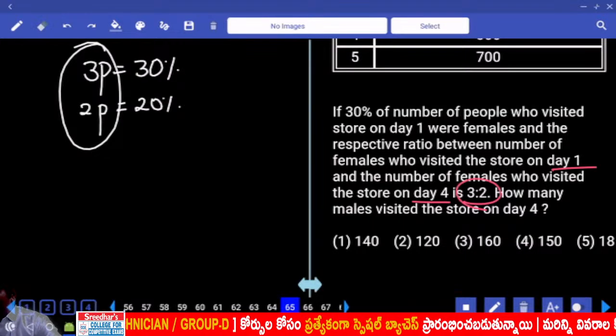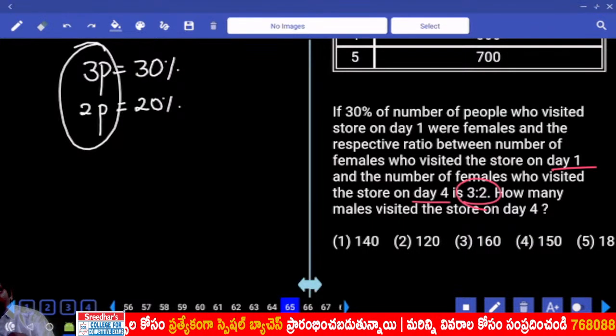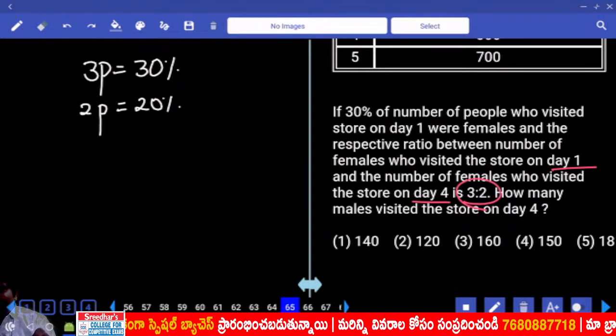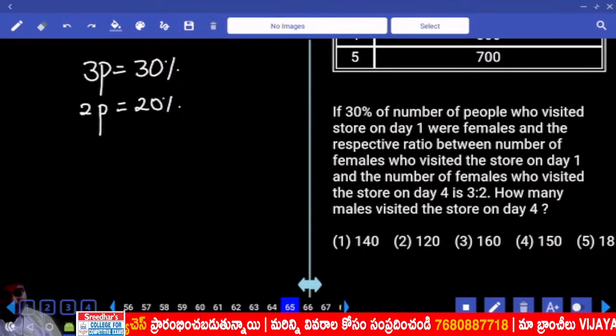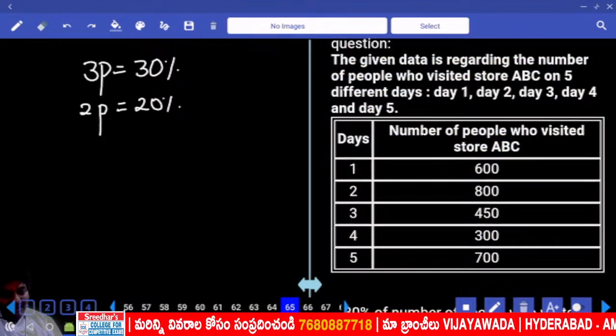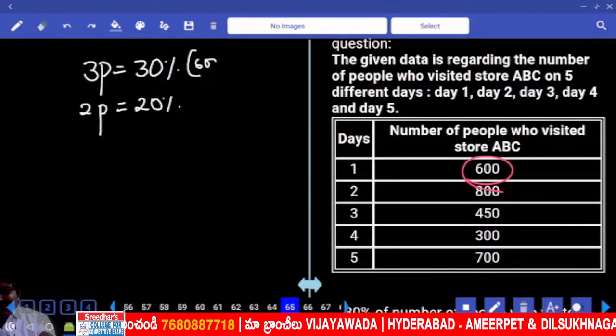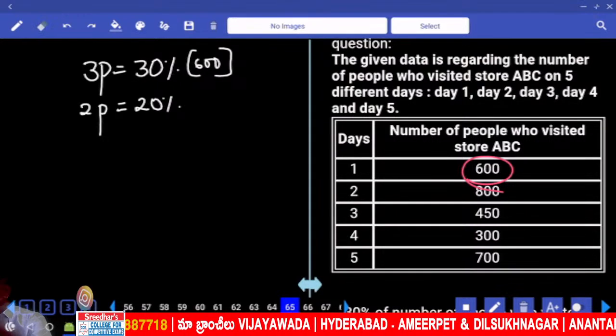Ratio, these two are interrelated, right? 3 parts and then 2 parts. Am I right? 3 parts is equal to 30% of day 1 value. This is fixed. 30% on day 1, how many people are there? 30% of the 600 value is equal to 3 parts.